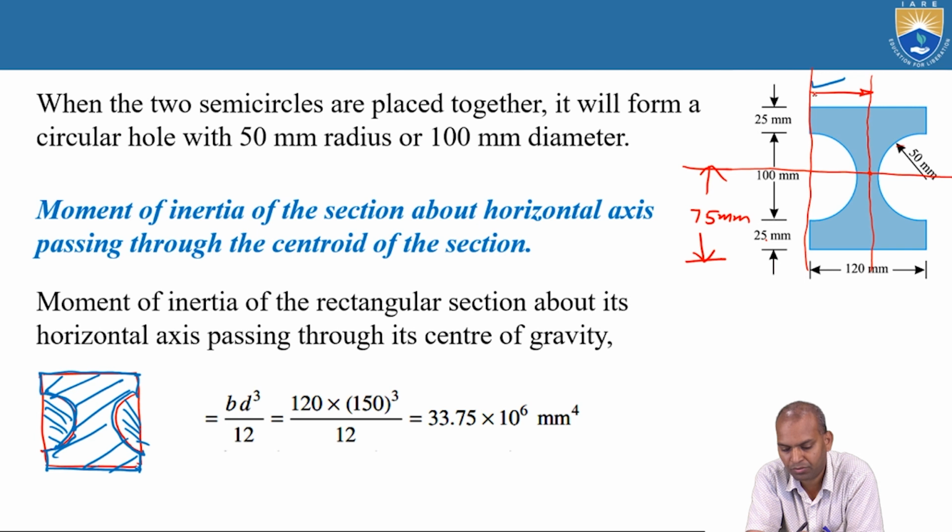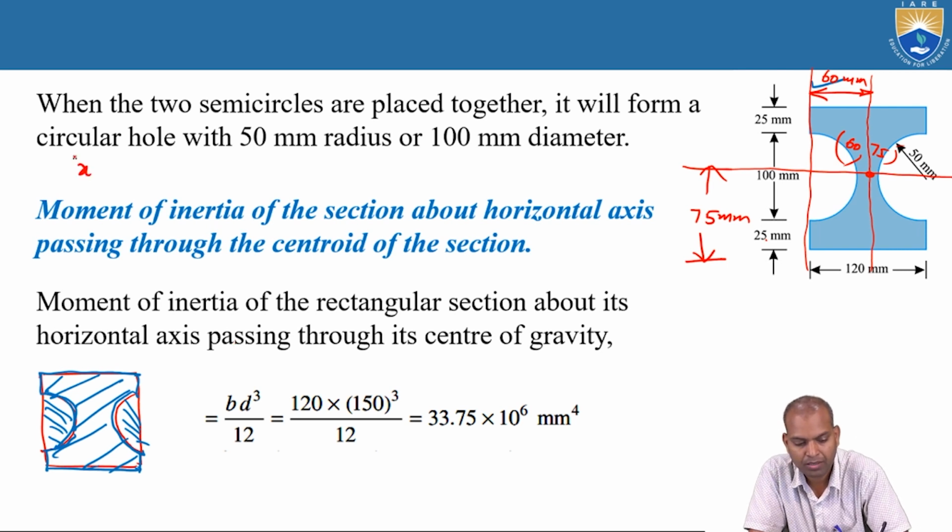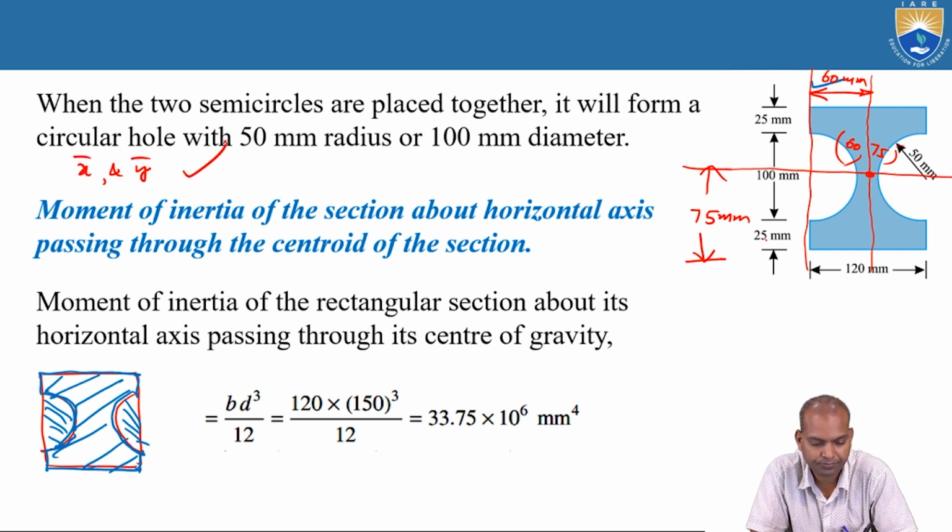That is 120 by 2, that is 60 millimeters. The centroid is located at 60, 75. That is, bar x equal to 60 millimeters and bar y equal to 75 millimeters. Directly we can locate it without substitution in the expressions of bar x and bar y.